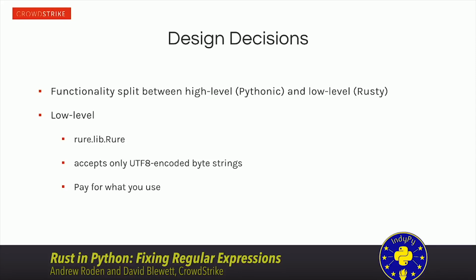If you wanted to know what the capturing group found in that string, that requires more, so it's another function to call. But in this way, if you have an extremely regular expression heavy application, you can only pay for what you need. A lot of the times, just a match is sufficient, and you can save a lot of computation overhead.